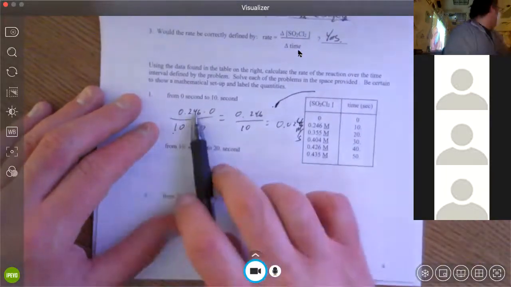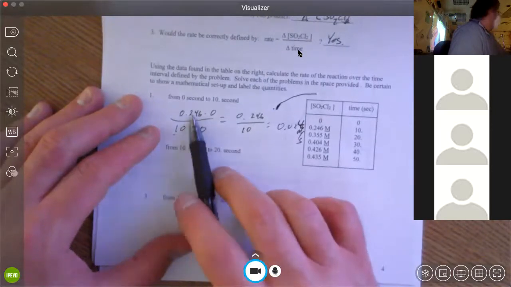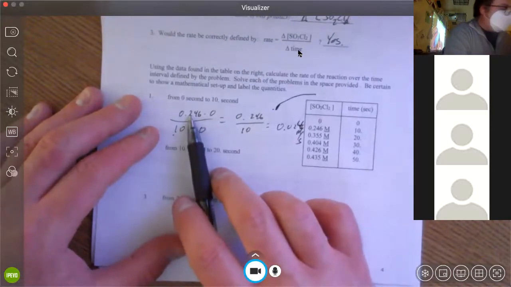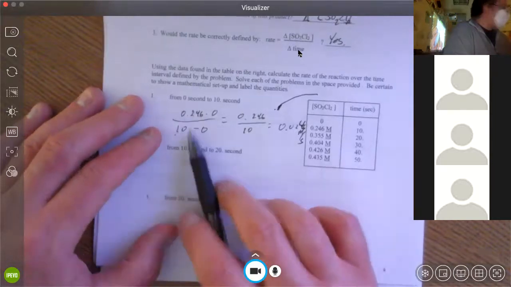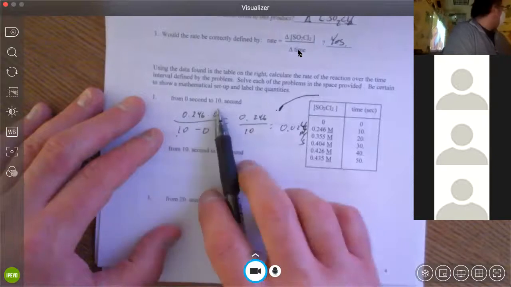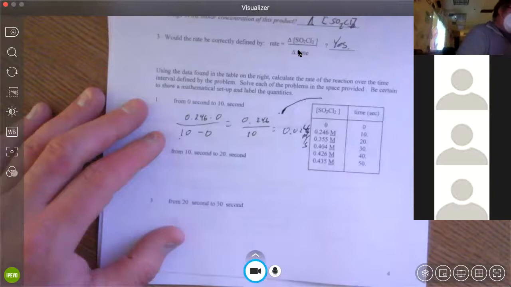This is the slope formula, right? Just to find the slope: x2 minus x1, y2 minus y1. So let's do the next one.